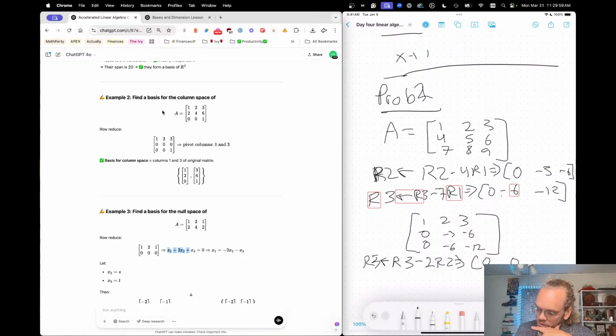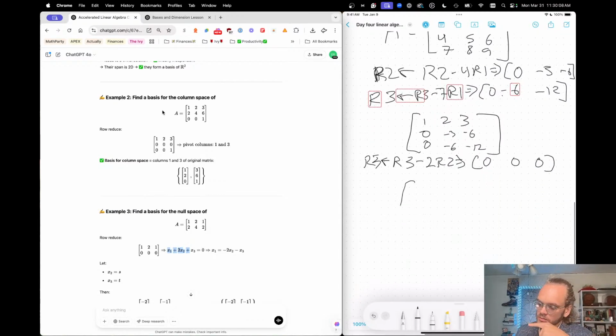Is that right? Negative 12 minus 2 times negative 6 is 0. Okay. So the row echelon form is going to go 1, 2, 3, 0, negative 3, negative 6, 0, negative 6, negative 12. Oh, whoops. 0, 0, 0 for the last one.